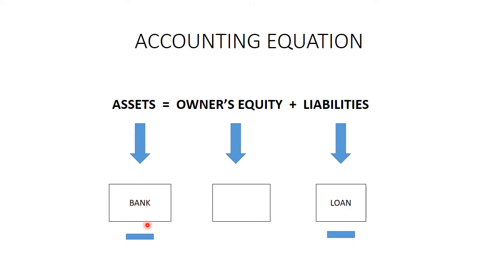So your bank account is being reduced, and yet again your loan balance is being reduced. That's what we mean by assets equal to owner's equity plus liabilities. With these examples, I'm trying to explain the relationship between assets and liabilities, and the relationship between owner's equity plus liabilities.